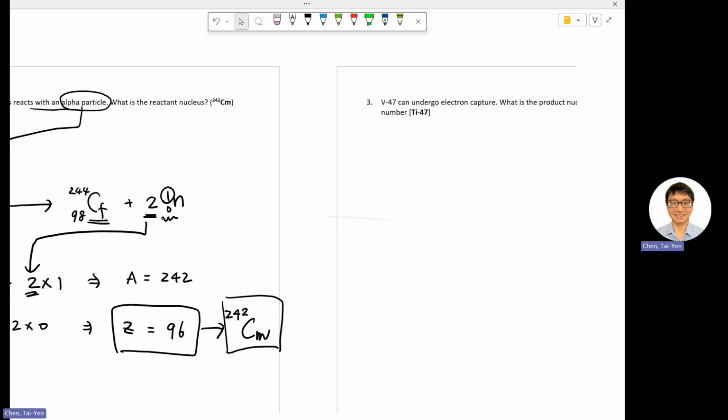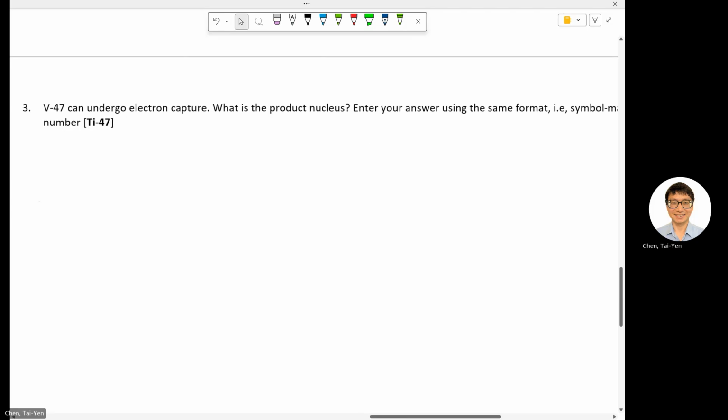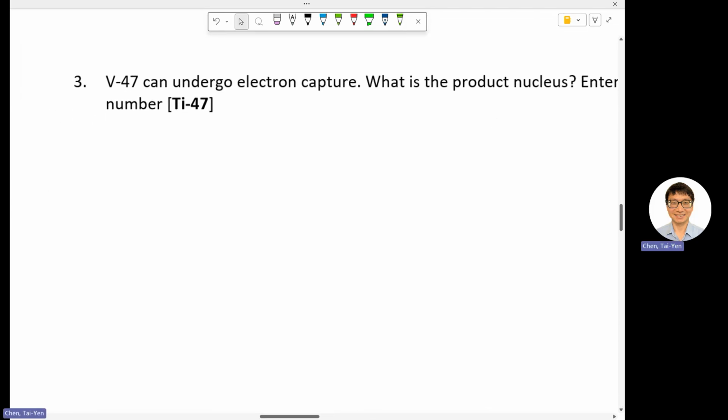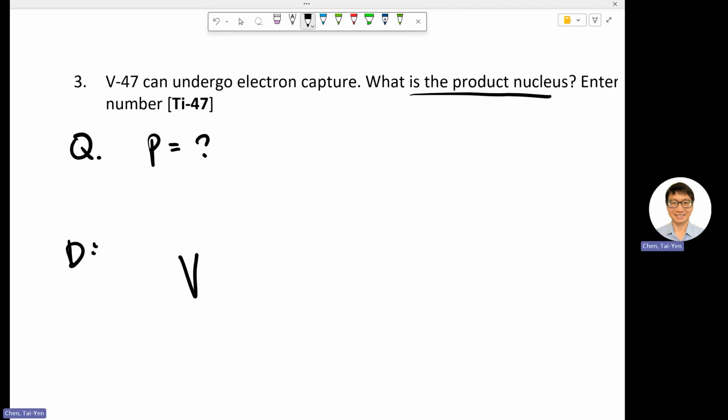No? Okay, then let's do another practice. Okay, it says V-47 can undergo electron capture. What is the product of the nucleus? Okay, so you want to know the product, right? So what you start with is V-47, right?